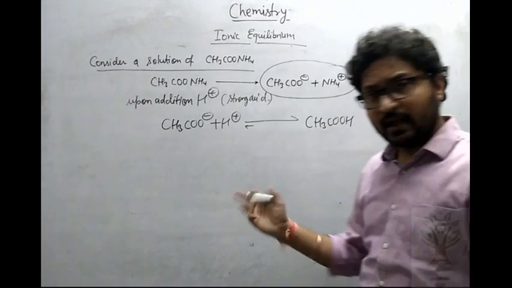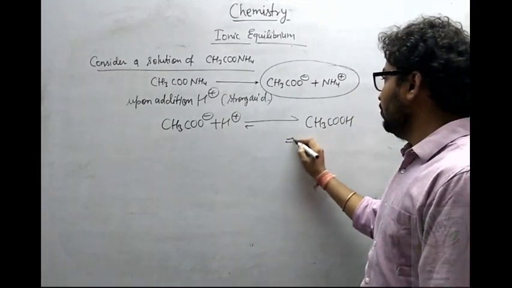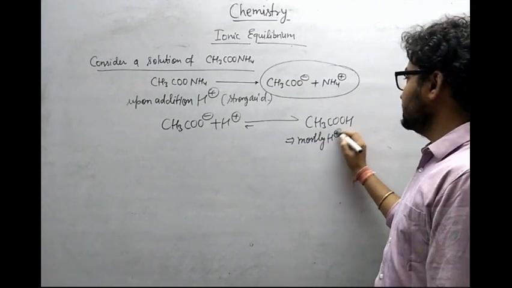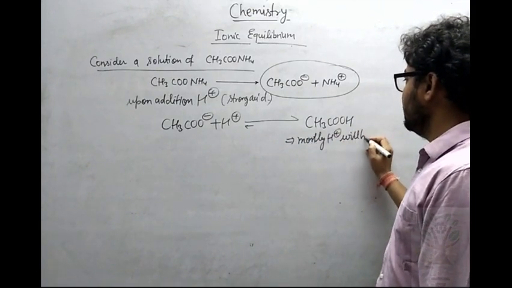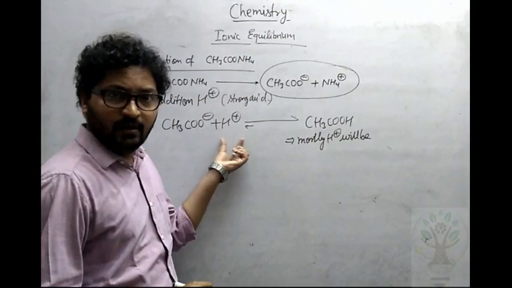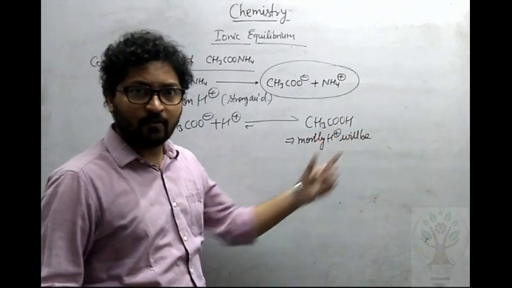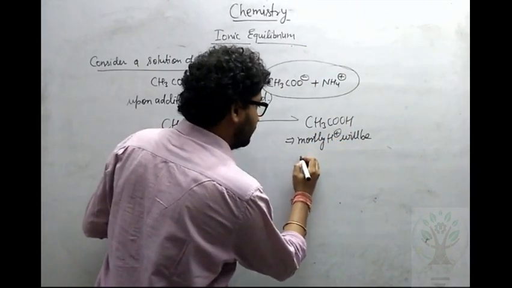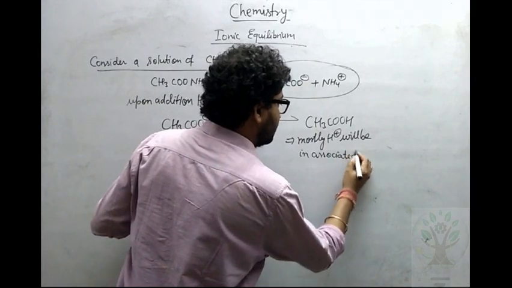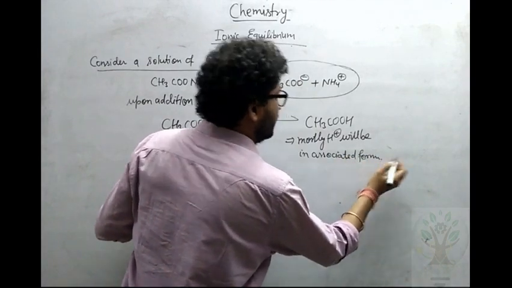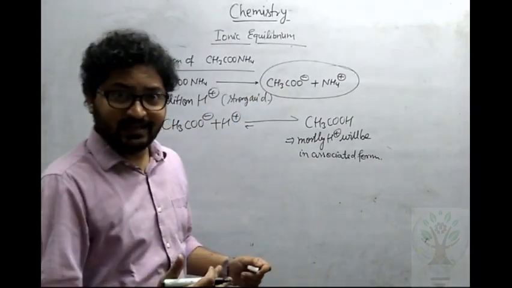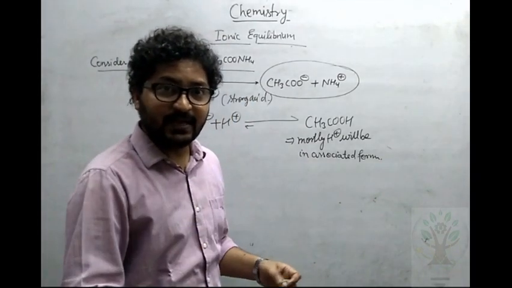CH3COOH. What happened here? Mostly H plus will be now in dissociated form or it will be in associated form? It will be in associated form. So since it is in associated form, is it free to decrease the pH?